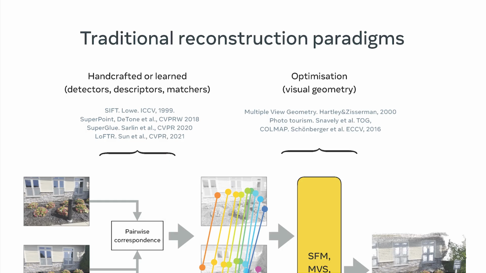And then on top of that, there is some box that uses visual geometry and optimizes over these correspondences to try to come up with a 3D reconstruction or interpretation of the data, right? So there is the white stuff, which is feed-forward and learned, and then there is the yellow stuff here, which is optimization, iterated, all right? And so it looks something like this, all right?